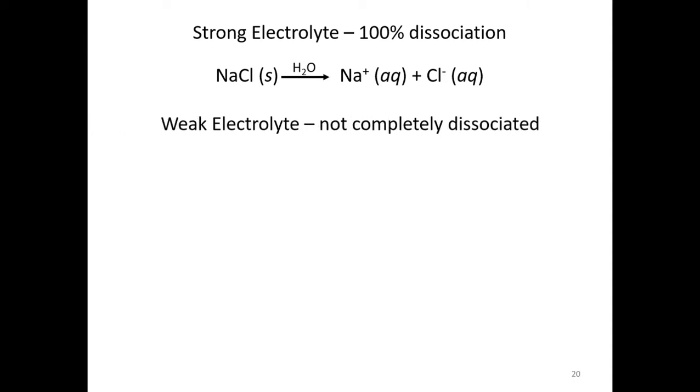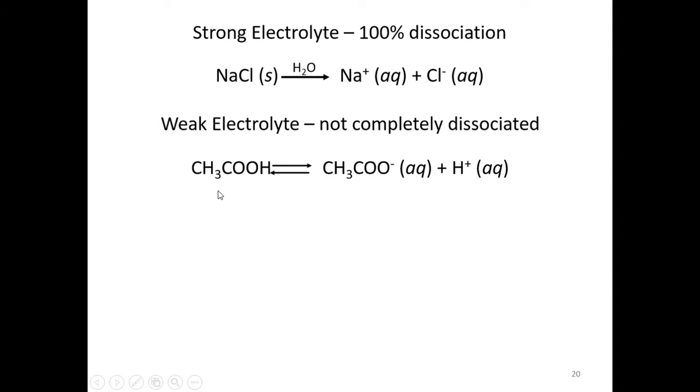Weak electrolytes do not completely dissociate. So there's less than 100% dissociation. And that's reflected by this double arrow. Here we have an alcohol, ethanol to be more specific, and this is a carboxyl group. Okay, so it is a carboxylic acid.